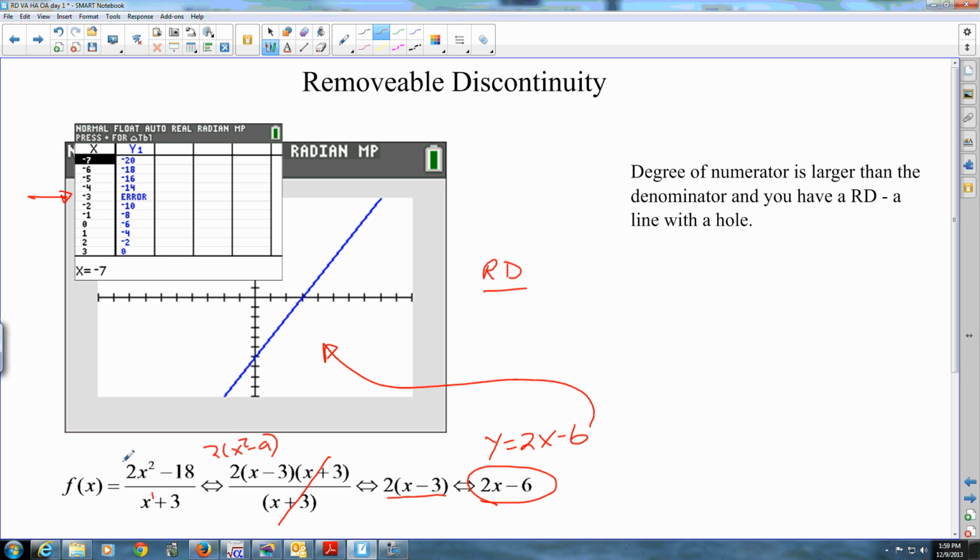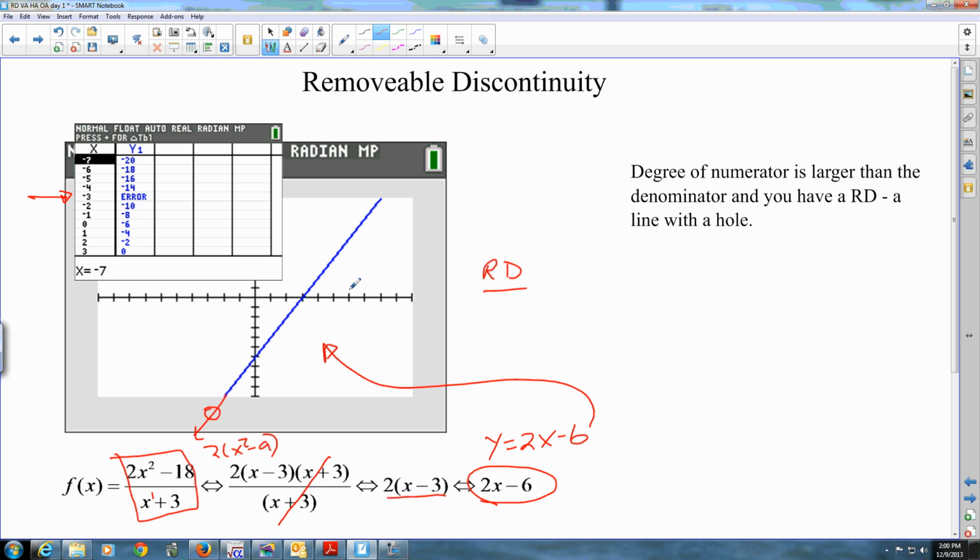I entered this original equation in, and if you guys want, you can pause this, type it in your calculator, and you'll see exactly what I'm seeing here. This graph, entered just as I see it, creates a line, but at -3, down here it looks like there would be a hole in the graph. Sorry, I don't have it on the picture. Okay? There would be a hole. You couldn't see it.